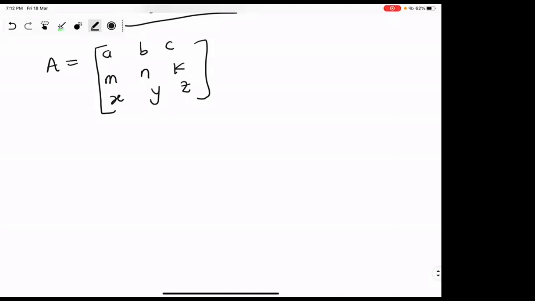For the first approach, each matrix has its own sign convention: plus, minus, plus, minus, plus, minus, plus, minus, plus.